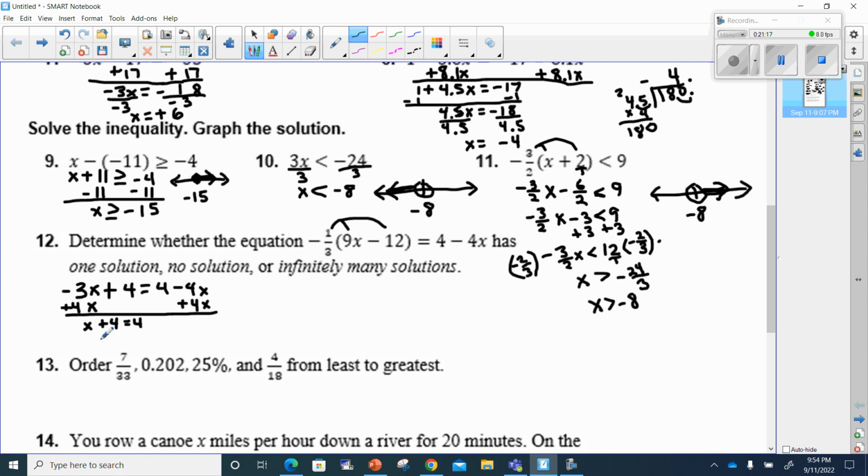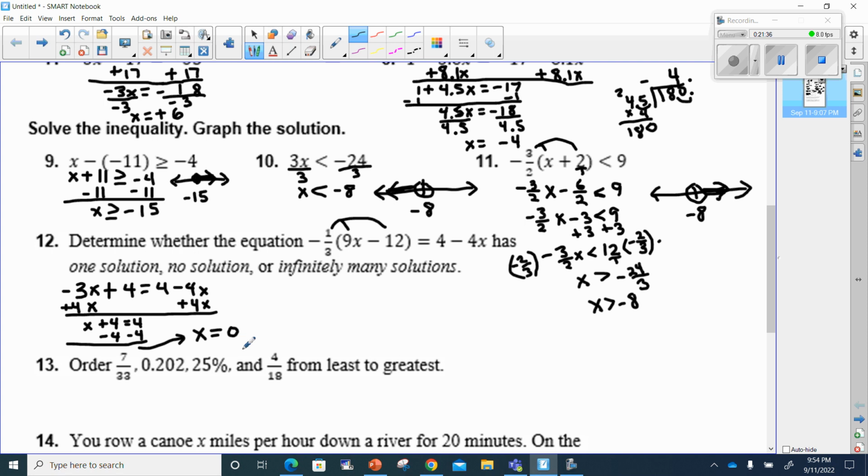Well, I'll have to subtract 4 from this side in order to get x by itself, which means I'll subtract 4 from this side. And that leaves me with x. I'm just going to bring this down over here. X is equal to 0 because 4 minus 4 is 0.